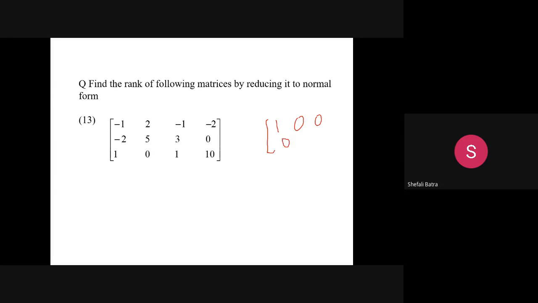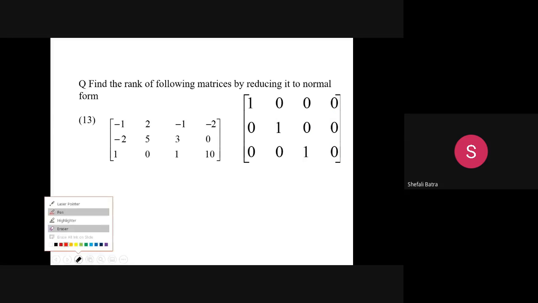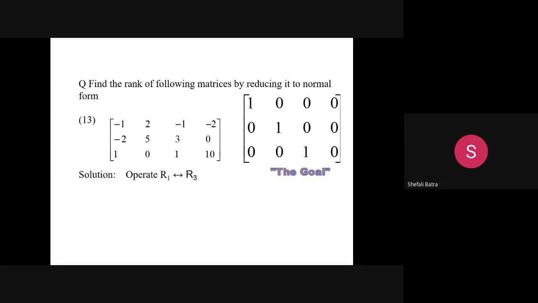It may be of order 3, order 2, or order 1. So this is our goal. We need to make the matrix in this form, either identity matrix of order 3, or order 2, or order 1. That depends.